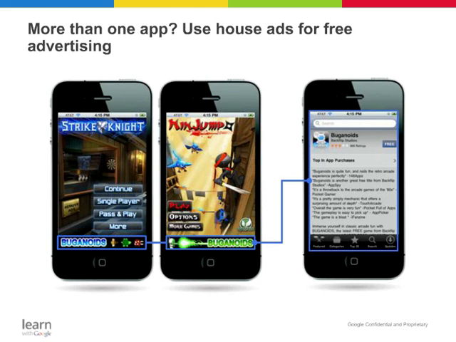In fact, we found that across the board, conversions are much higher for house ads. And this is because your users are familiar with your brand, they already like your app, and therefore they're more willing to try new products from you. House ads can also be used to promote merchandising or any other product that you have. Basically, think of it as free ad space for whatever messaging you want to push.